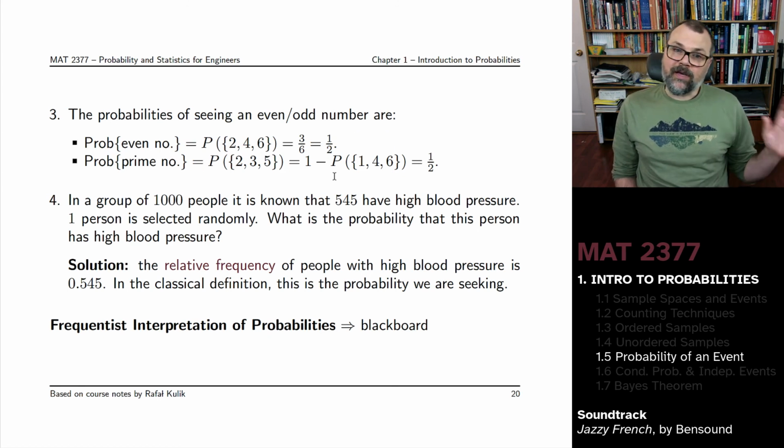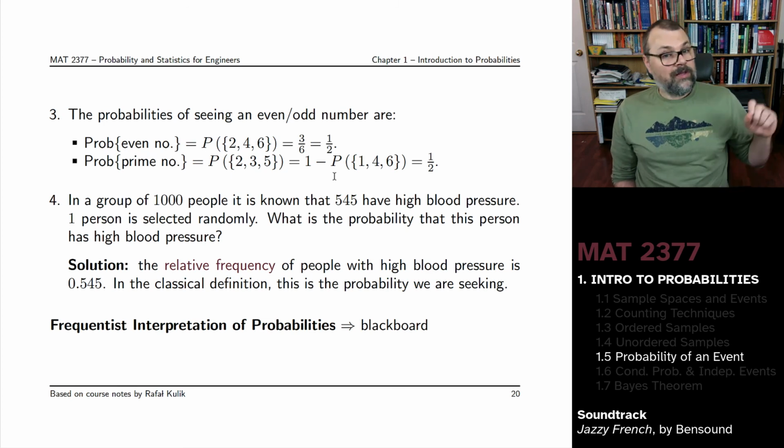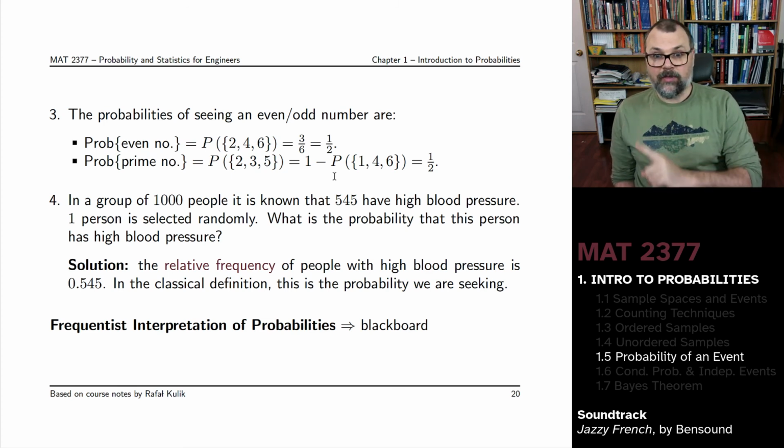Well, let's say you pick 1,000 people, and 545 of them have high blood pressure, and this is something that has been measured. Here the random experiment is, do you have high blood pressure or not? That's what you're trying to measure. So from that group of 1,000 people that you've picked and that you've tested, you will now select one person randomly.